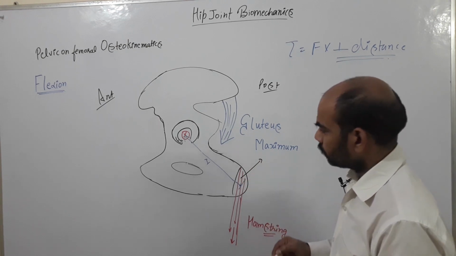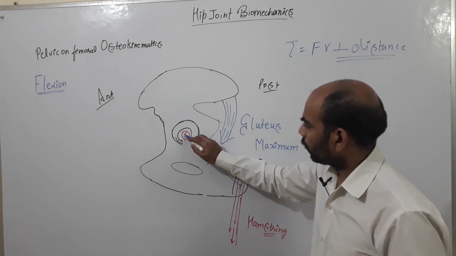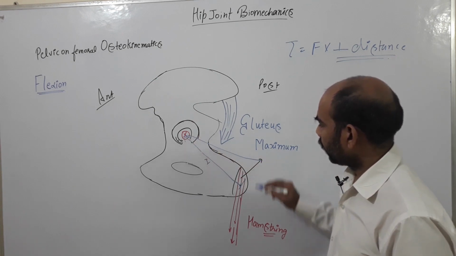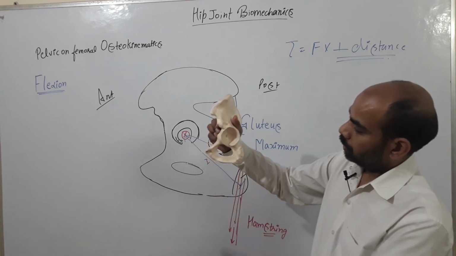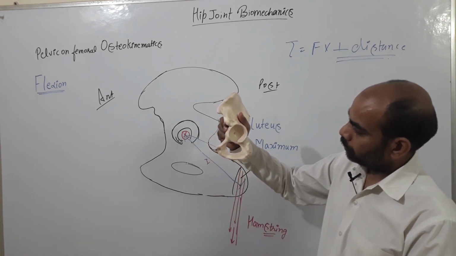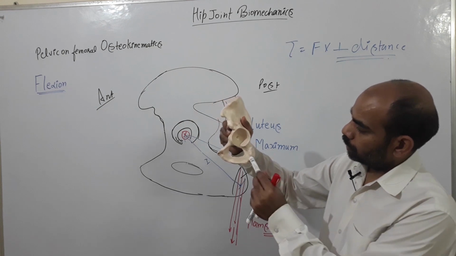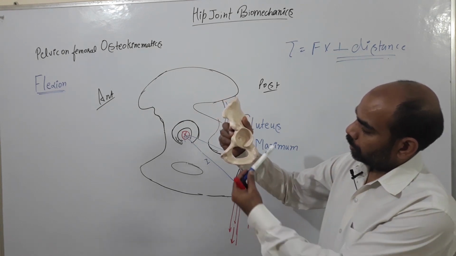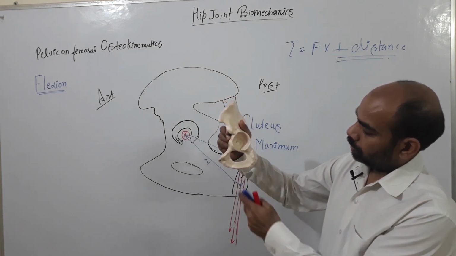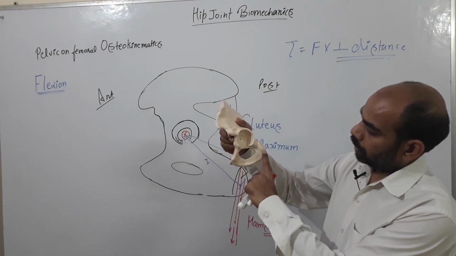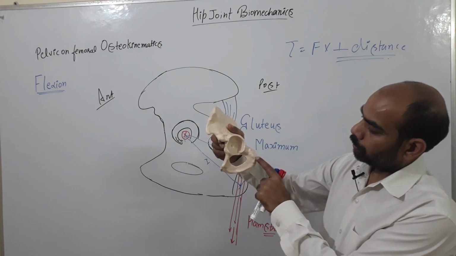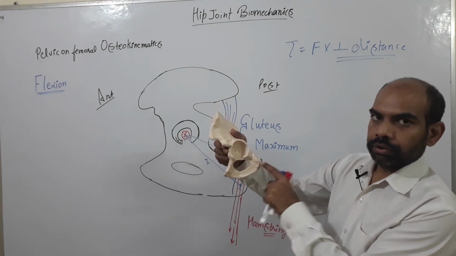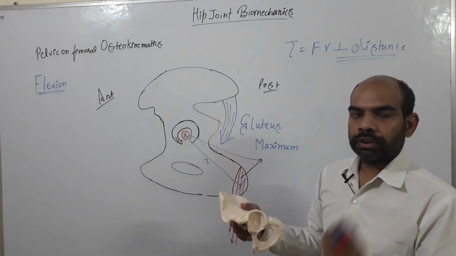So this perpendicular distance from the axis of rotation is increased. When the pelvis moves anteriorly, the ischial tuberosity moves in this direction, upward and outward, so the axis of rotation to ischial tuberosity distance is increased. So torque production of the hamstring is increased.